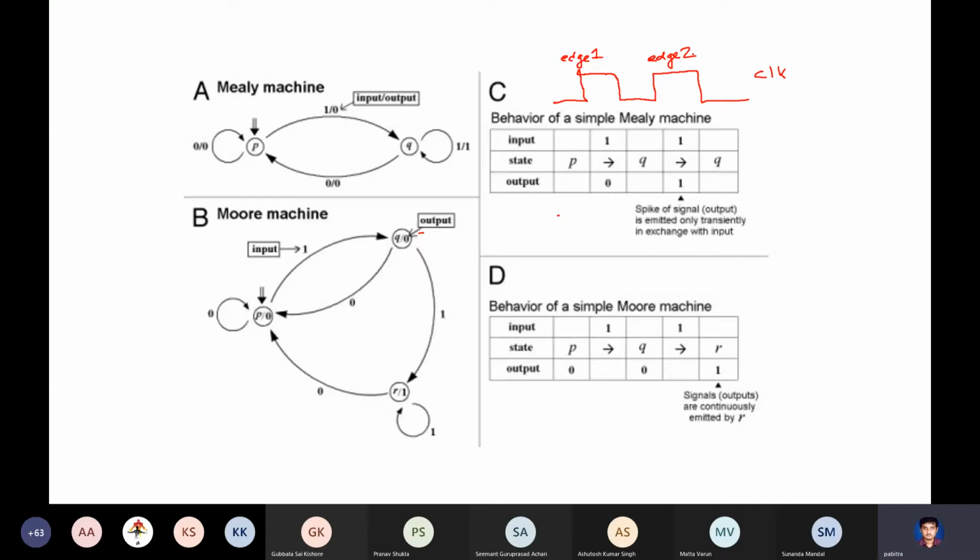Okay, so what happens in a Mealy machine is that, say before edge 1 comes, the system was in state P. Now at edge 1, I receive an input 1.